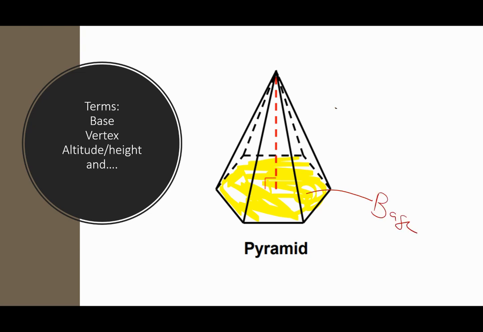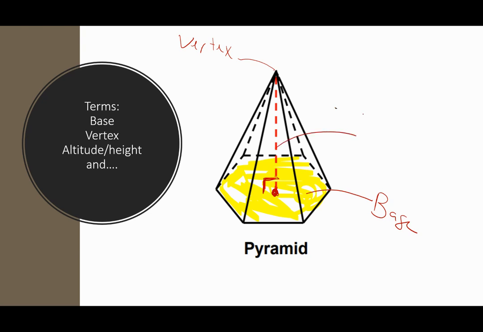And then we have our vertex at the top. That's what we just talked about. And then we have our altitude or our height. Altitudes and height always are perpendicular to something. So this actually turns out to be the very center of our bottom.